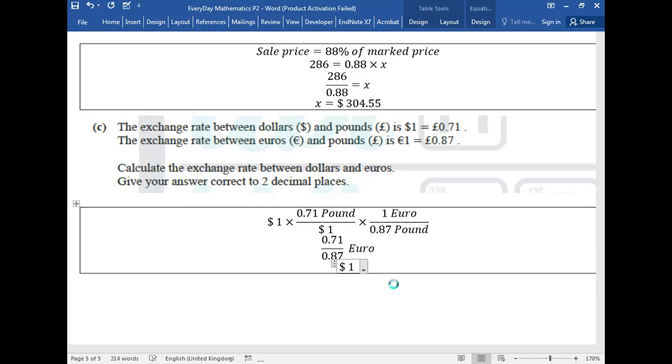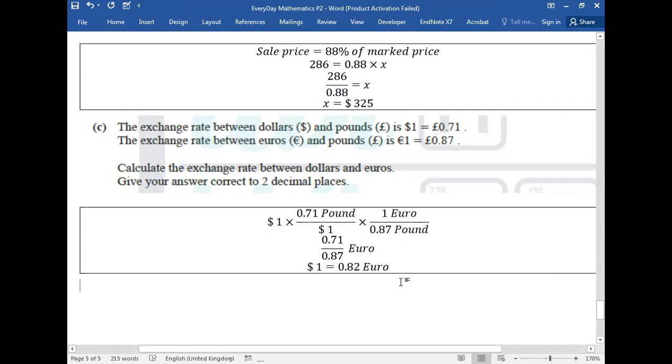So $1 is how many euros? 0.82. Which one? ये 0.8161. Okay. Again मुझे नहीं पता ना values, तो तुम लोग मुझे बताओ. Values पे तो I trust you people. If there is a wrong value, please correct it.